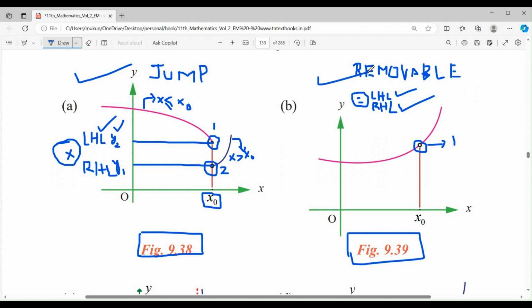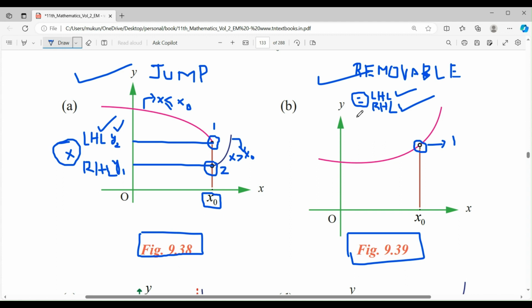So we've seen two graphs. The first one was a jump discontinuity where we saw that my LHL and RHL do exist, but they are not equal to each other, right? And therefore the limit does not exist. And it is for that reason that this function is discontinuous at x equals x naught. And the other graph on the right is clearly undefined at x equals x naught because of that open circle we see indicated in the graph.